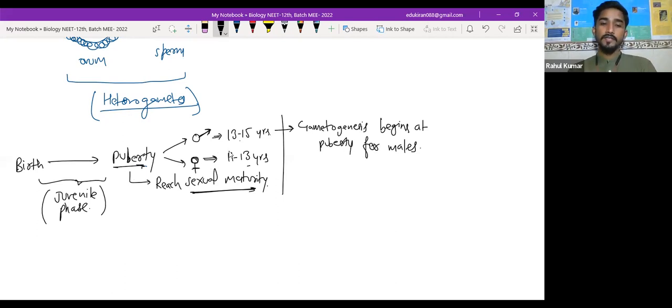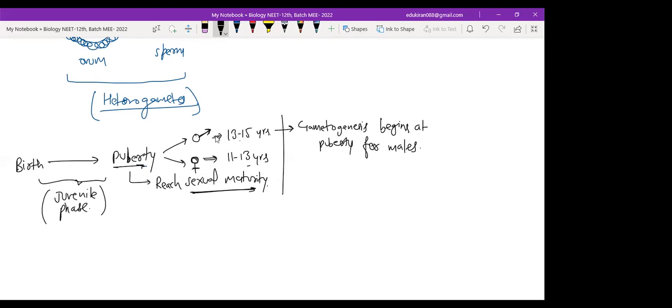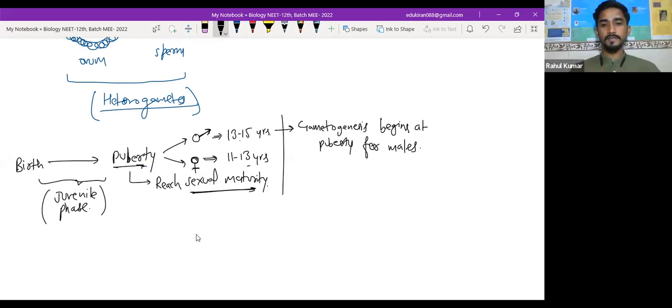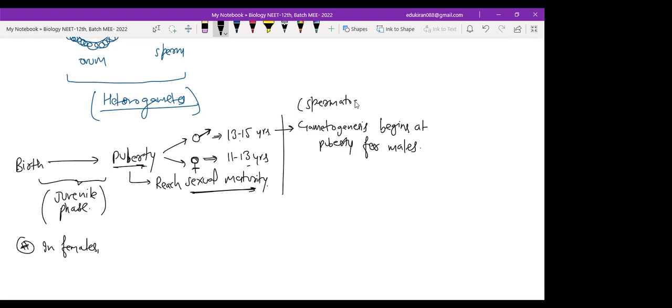And when does gametogenesis start for females? Is it also at puberty? Embryonic stage. Yes. So in females, write down, it's very important. What is the gametogenesis of males known as? Spermatogenesis.